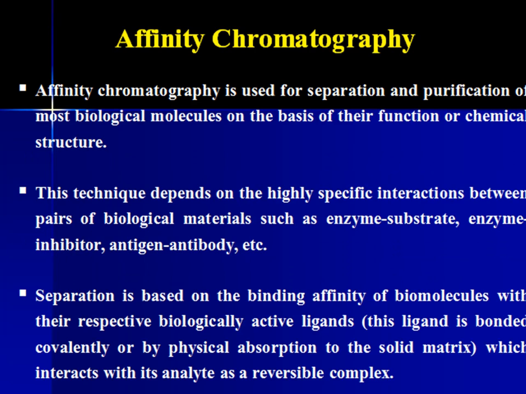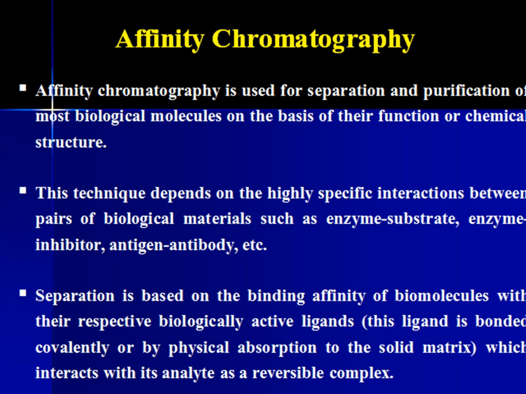Next is affinity chromatography. Affinity chromatography is used for separation and purification of most biological molecules on the basis of their functional or chemical structure. This technique depends on the highly specific interactions between pairs of biological materials such as enzyme-substrate, enzyme-inhibitor, antigen-antibody, etc. Separation is based on the binding affinity of biomolecules with their respective biologically active ligands.